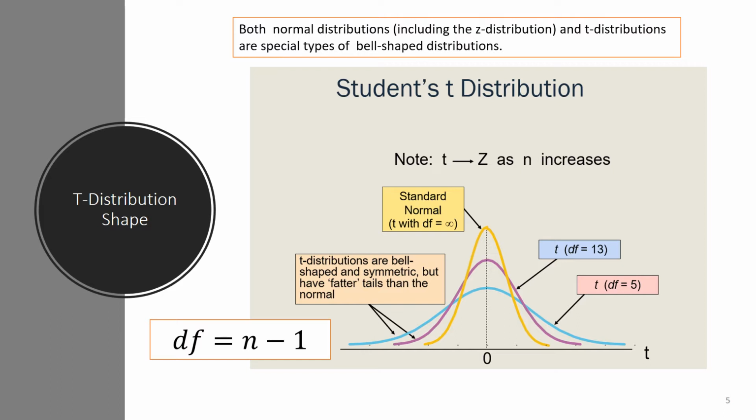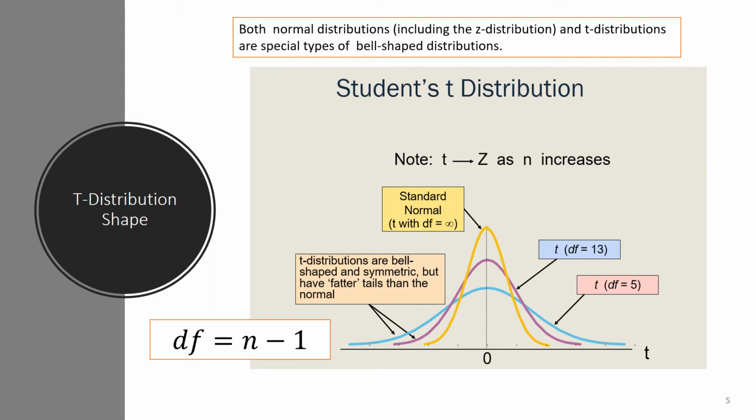So the more people you have in your sample, the higher the sample size, the more likely your sample standard deviation is going to reflect or be closer to the population standard deviation. It's not going to underestimate it as much the more people you have in your study.